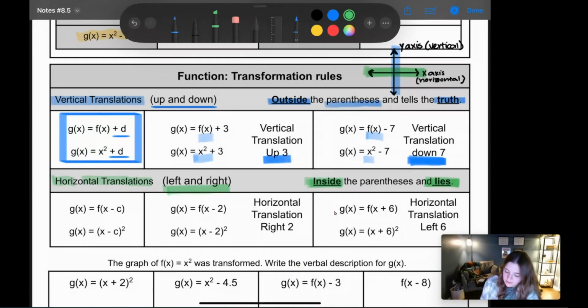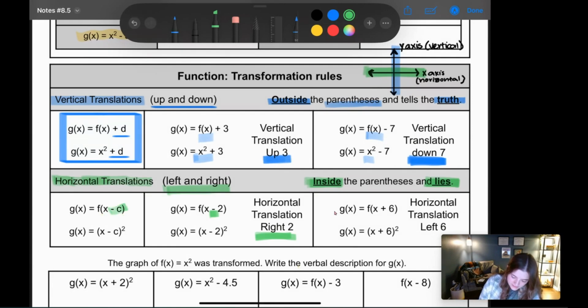Okay, what it means by lies, well, typically, like we said, if we think negative, we think left. If we think positive, we think right, but it's lying to us. So really, -2 is right 2. When you see a horizontal translation, it'll be set up like this, where you see it inside of the parentheses.